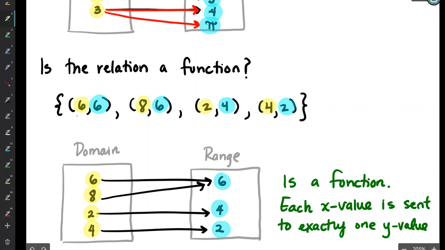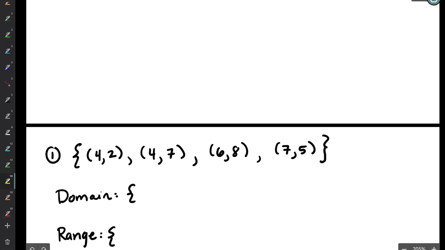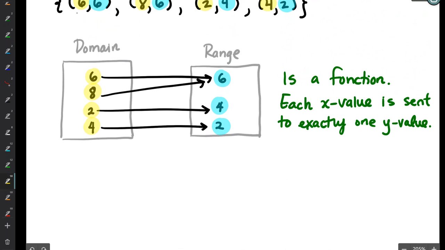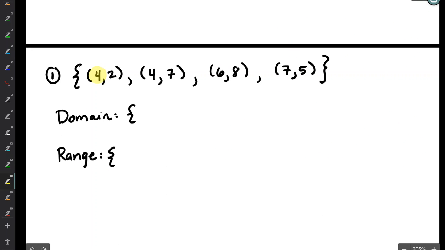Okay. Now we have enough background information to go ahead and do example 1. Right? Example 1, first we have to list the domain. Remember, the domain are all the x values, which we've been doing in yellow. So 4, 4, 6, and 7.